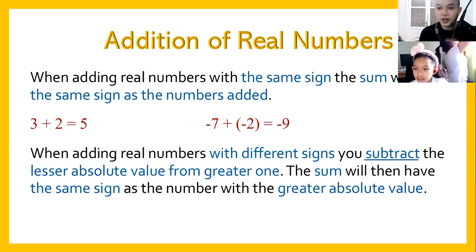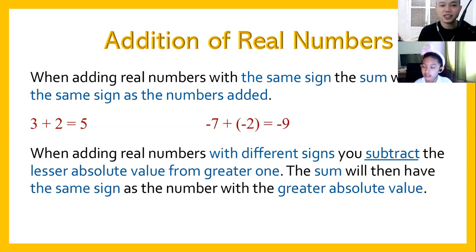Subtract the lesser number from the greater number. So you will have the big number first and then minus the small number. Big number always, and then minus the small number. And then the sign of the result, or the sum, depends on the number with the bigger absolute value. You understand? Is it clear?